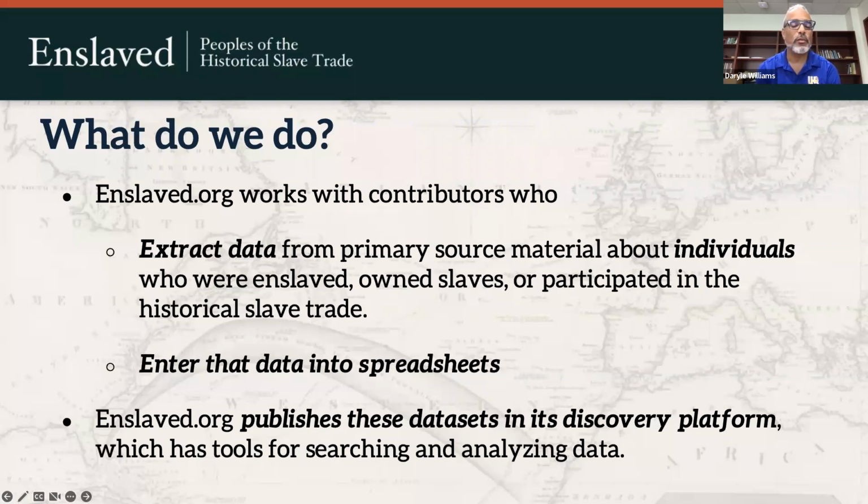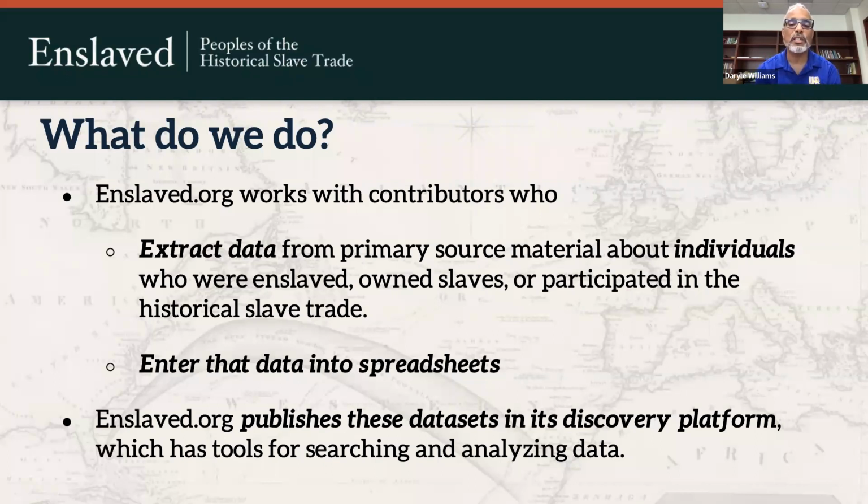Primary source materials can be a whole range of things. Some are things we traditionally would associate with the world of enslavement: sales and ledgers, baptismal records, muster rolls, account books, and also narratives and various kinds of prose and other materials.